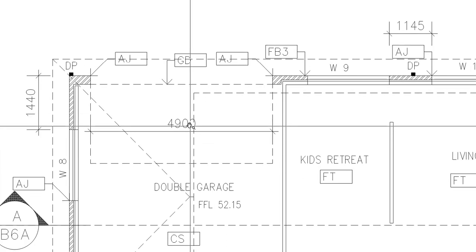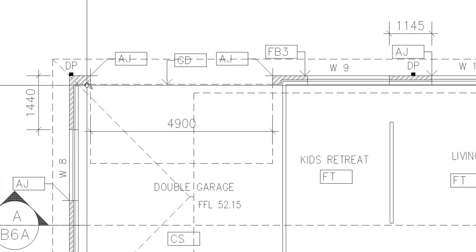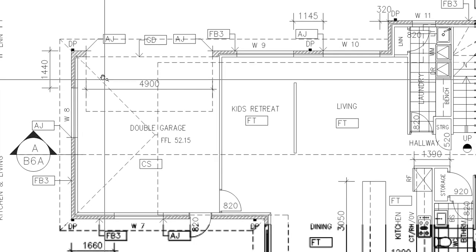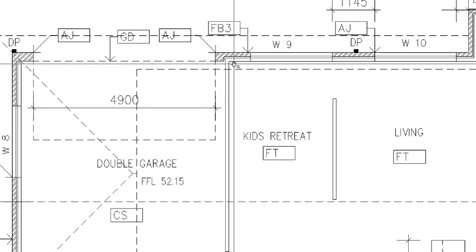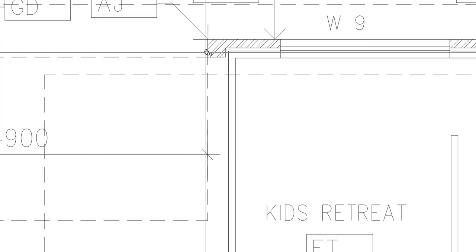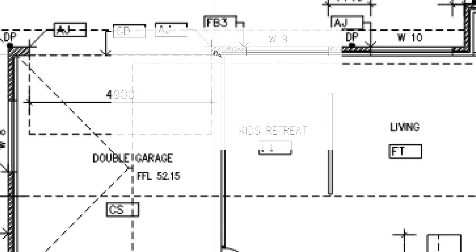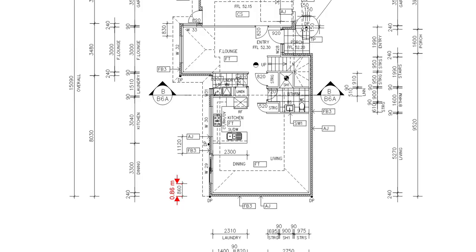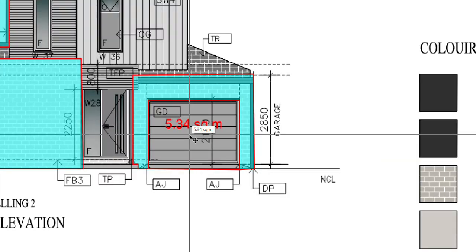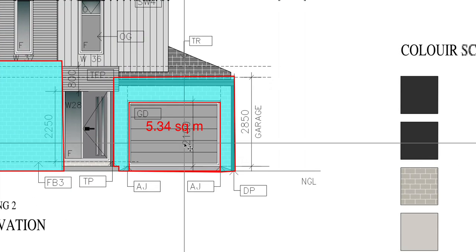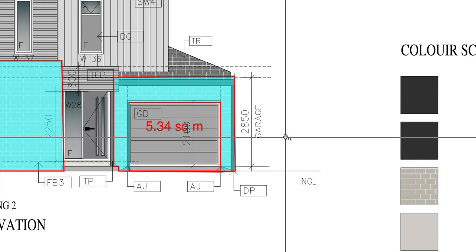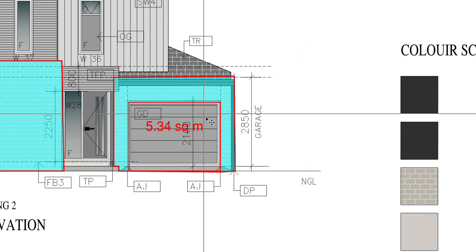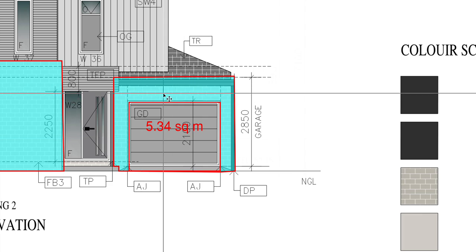The garage doors are always heavy. So to support them and to align this, there will always be double brick. So in this case, we will not take only the 5.34 square meter area, we will take it in double. That would be 10.68. This area will be 10.68 square meter.